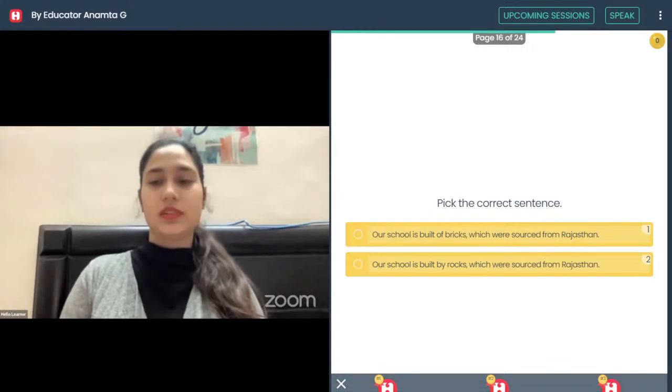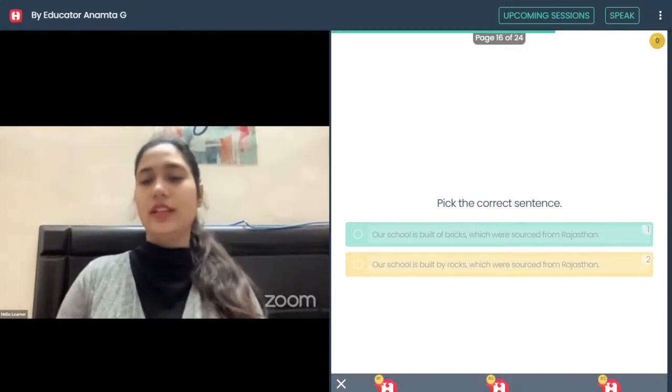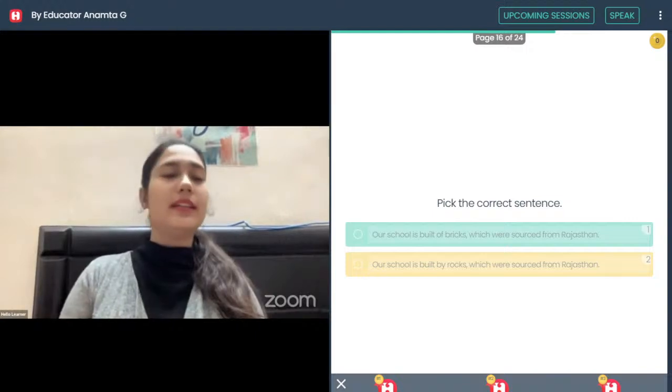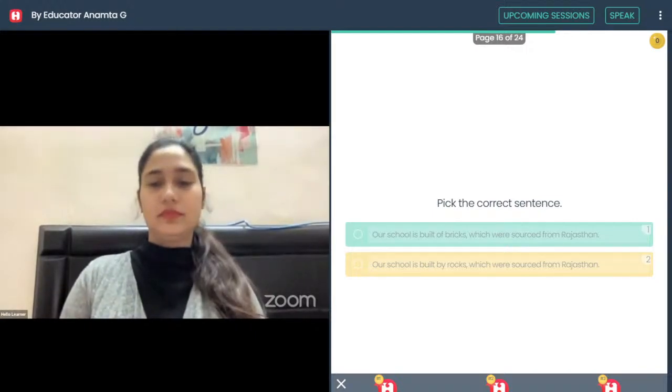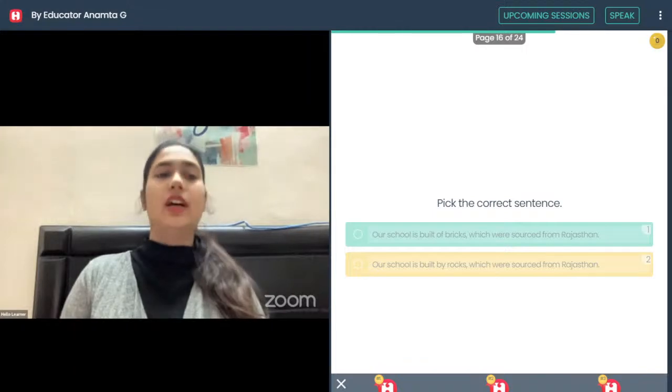This slide is really very simple, easy to identify. Yeah, bricks and rocks, exactly. Suvoshri, please answer. First one is the right answer. Our school is built of bricks which were sourced from Rajasthan. Yes. Okay.